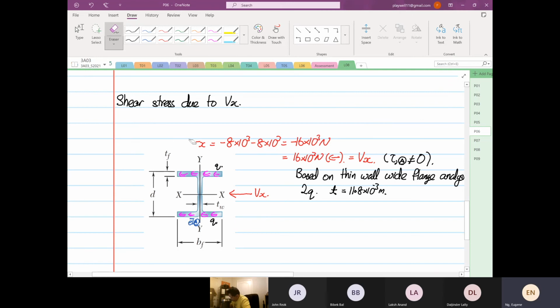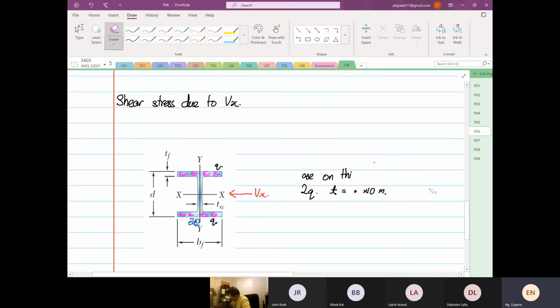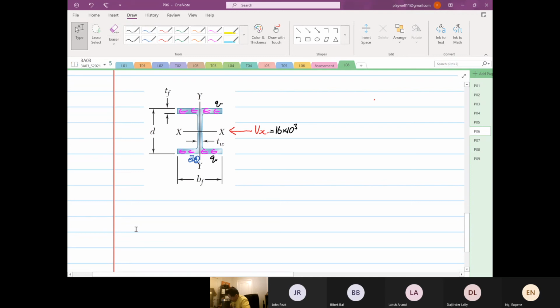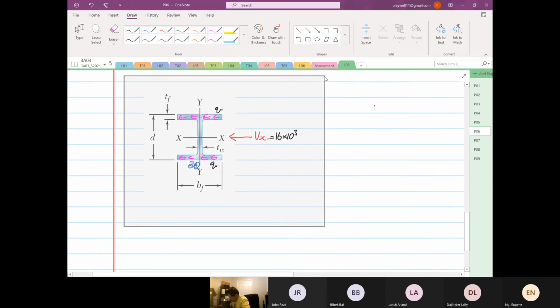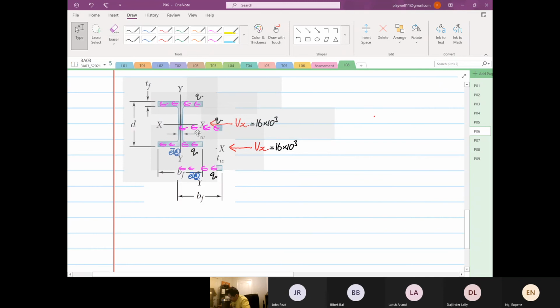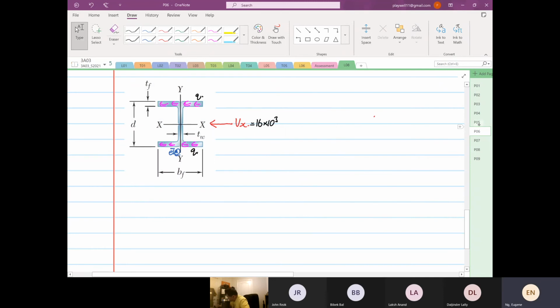analysis. Okay, so I just need a diagram. We know that Vx is equal to 16 times 10 to the power 3. Okay, and we know that this is a wide flange analysis. Okay, sorry, the wide flange, I think I made a mistake down here.